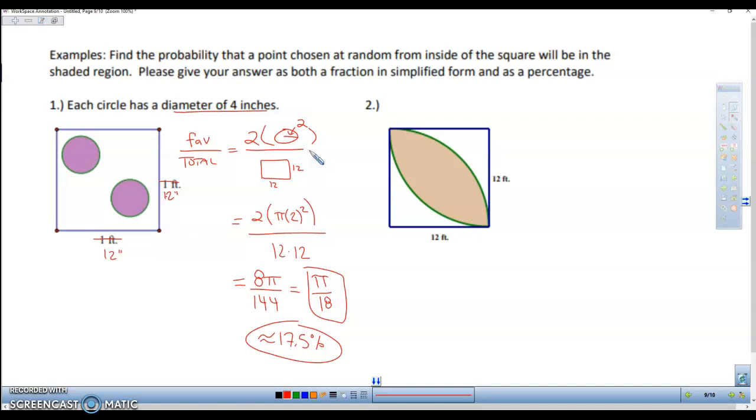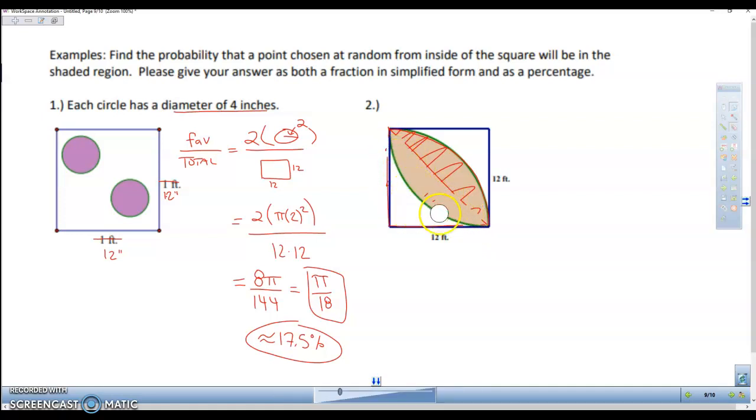Now, example 2, you'll notice that this little petal thing looks very similar to that last worksheet that you did. So remember, in order to find the area of that petal, here's how I'm going to break it up. What I'm going to do is find the area of this entire sector, and I'm going to subtract from it this triangle.